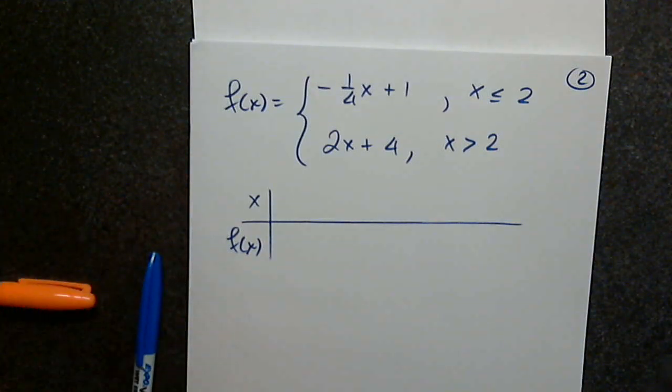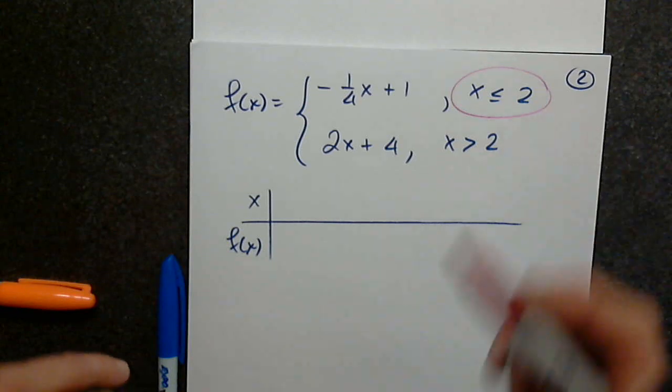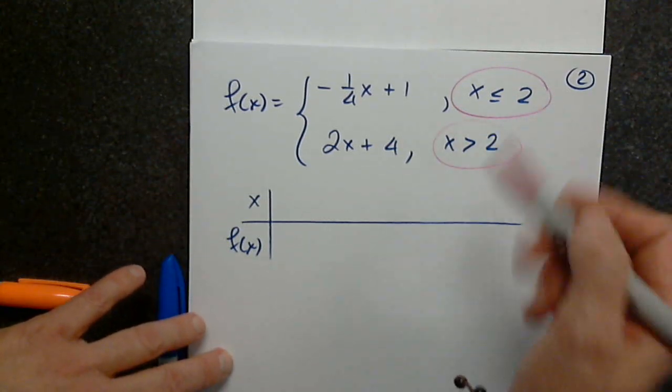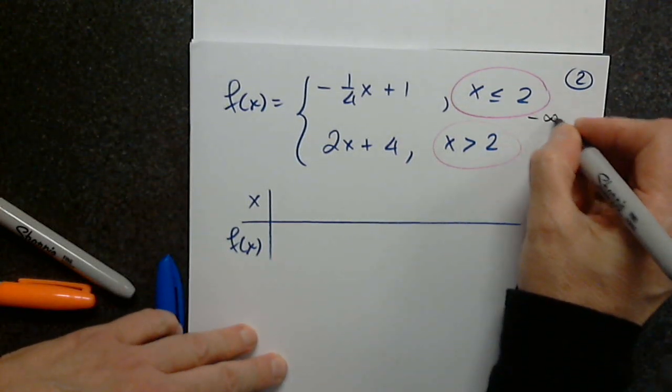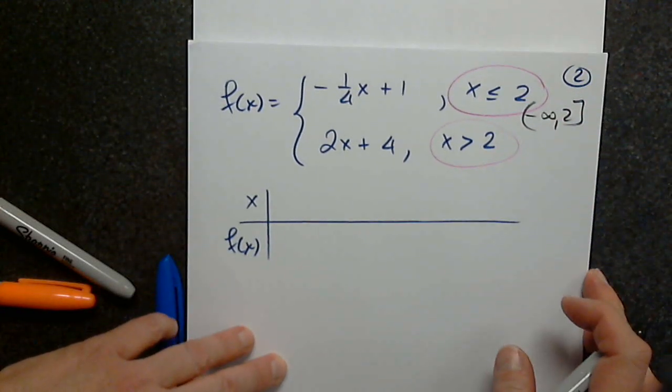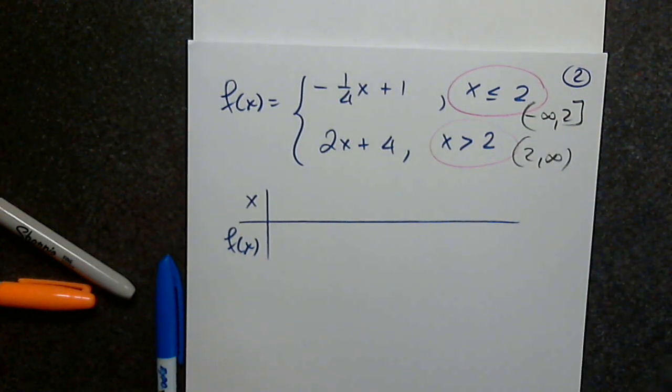And like before, please change this into interval notation if you are using my method. Can anyone give us the interval notation for these two? Very good, awesome. Negative infinity to 2, and 2 to infinity. Now can we identify the domain?